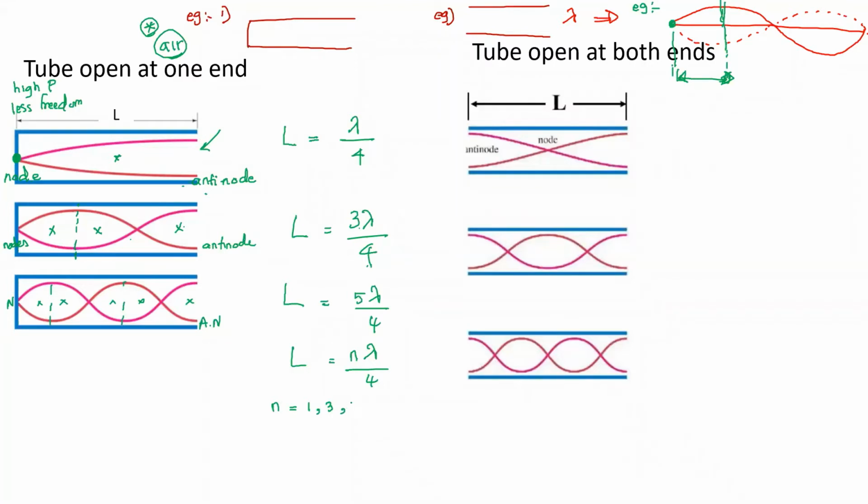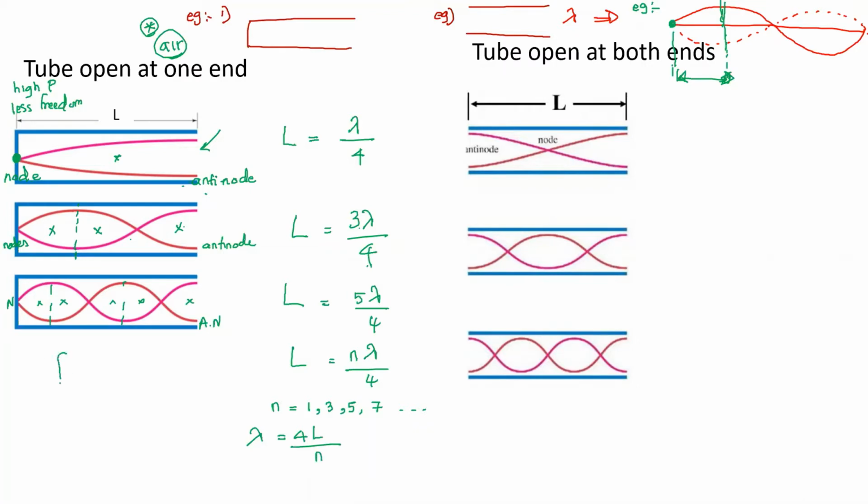It has only odd numbers. Can you see it? So 1, 3, 5. So your n will be 1, 3, 5, 7. So it can go up to any odd number. So if I write lambda, lambda will be 4L divided by n.